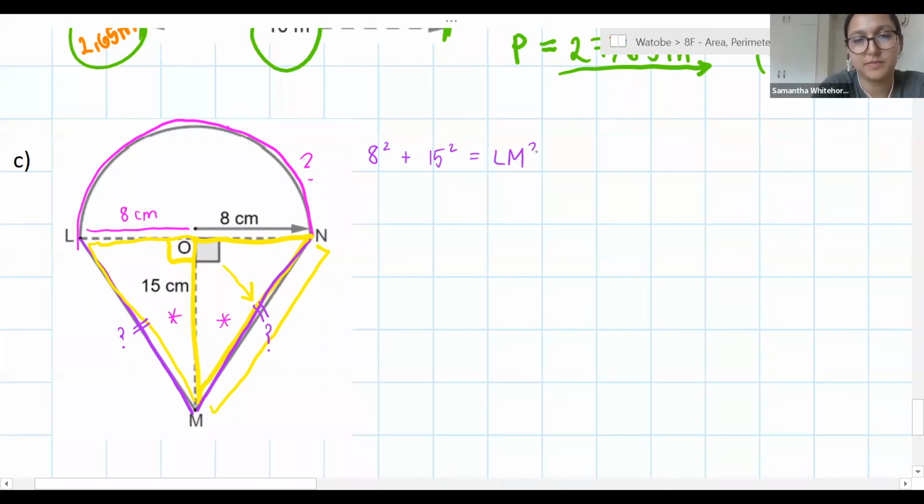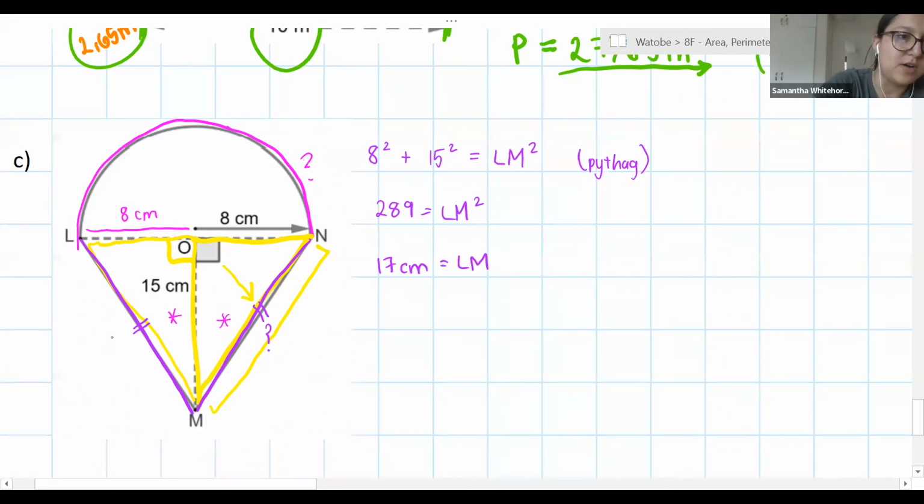Cool. And then I just square rooted it, and then the answer was 17. Perfect. Okay, so if you want the answer before we square root, this is 289. But then exactly as our Kiwi said, if we square root this, we get 17 centimeters. Excellent. Well done.